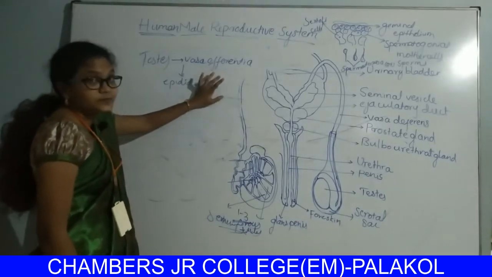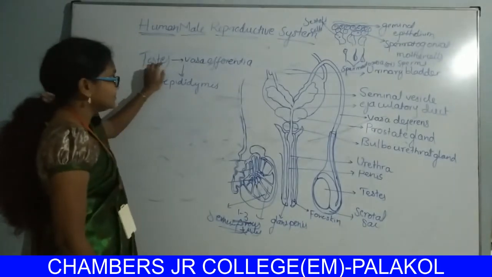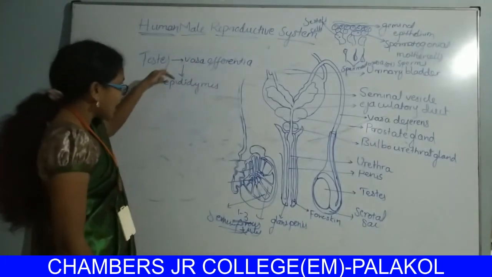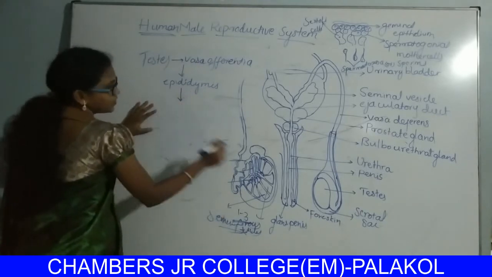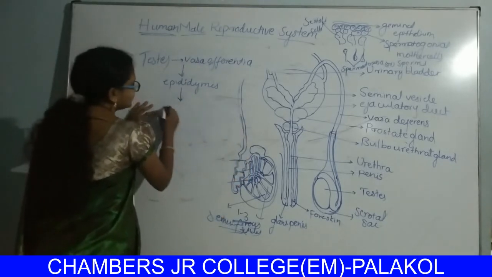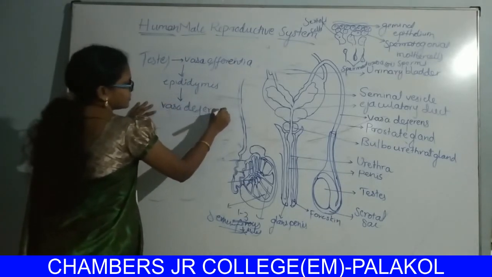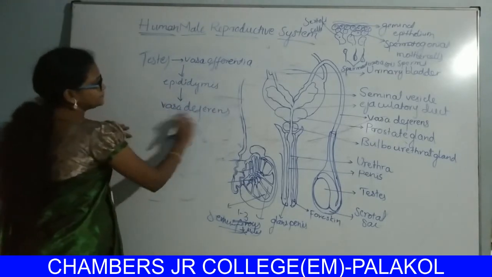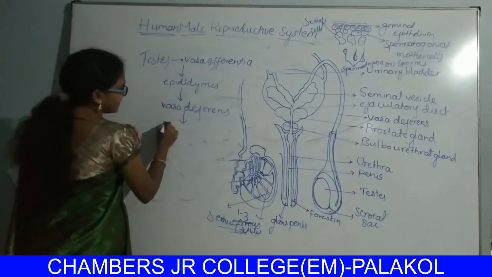They start from the testis, pass through the vasa efferentia, and lead into the epididymis, and next the vasa deferens, and then the ejaculatory duct.